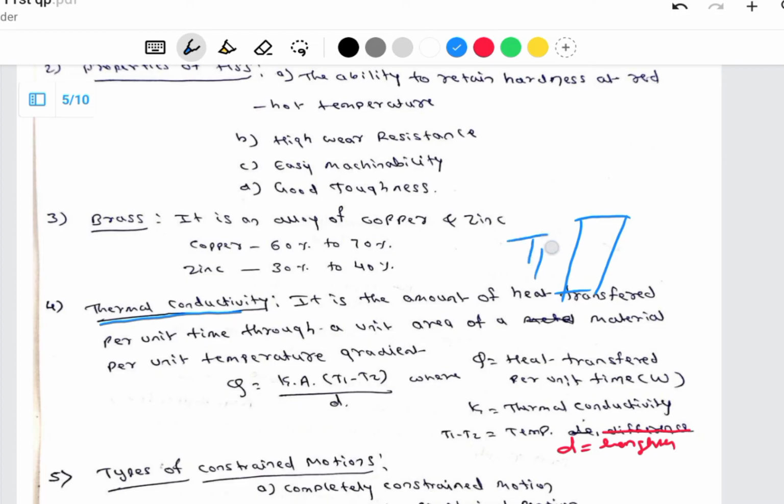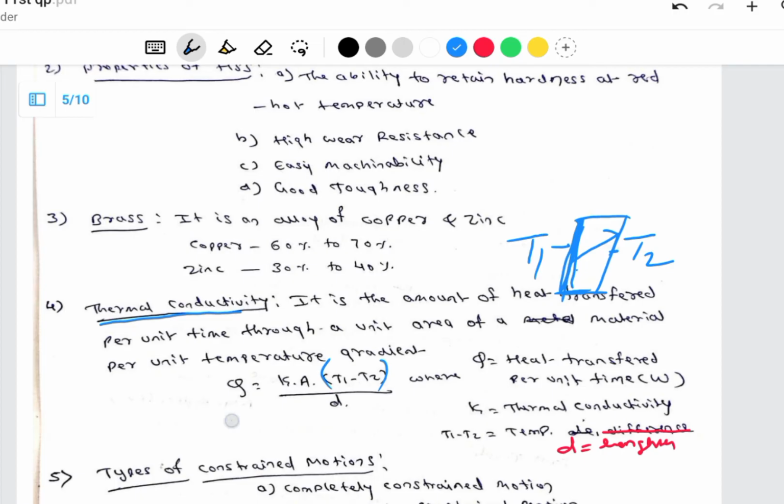You can consider a wall. If you heat one end, there will be a rise in temperature at the other end. This rise in temperature is the temperature difference, through a unit area per unit time. When you consider that, it is called conductivity.